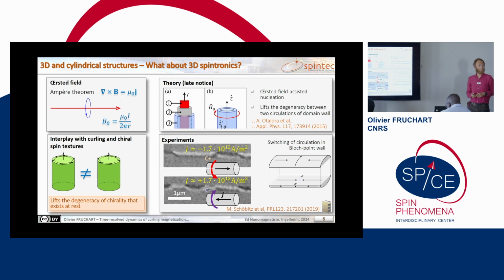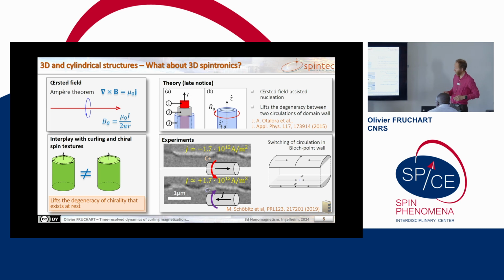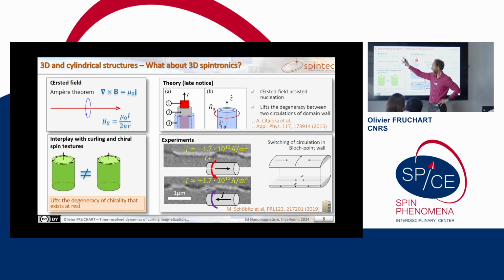And in magnetism, based on electromagnetism, we are chiral due to the vector product. And for instance, the Ørsted field is chiral.